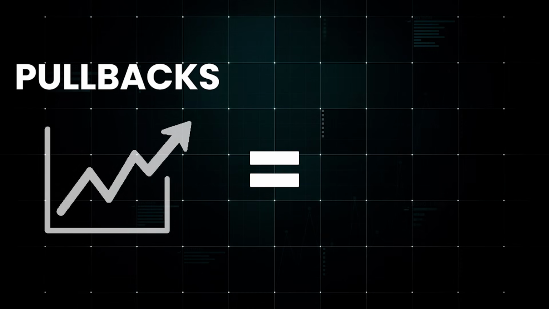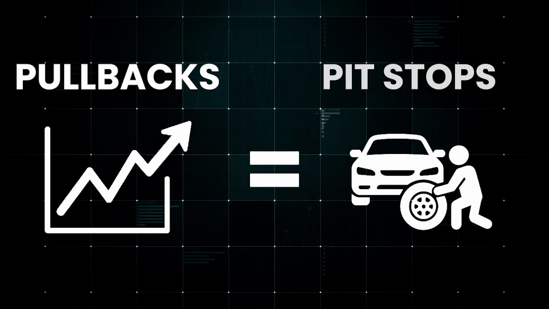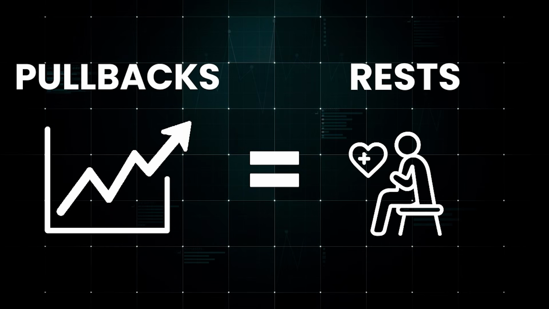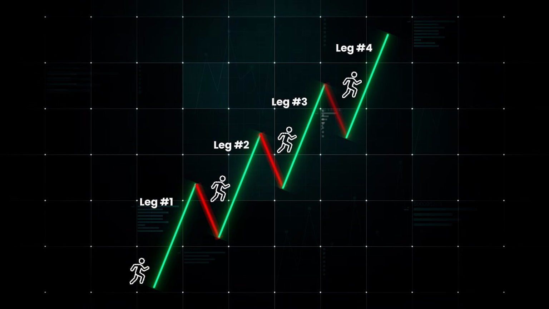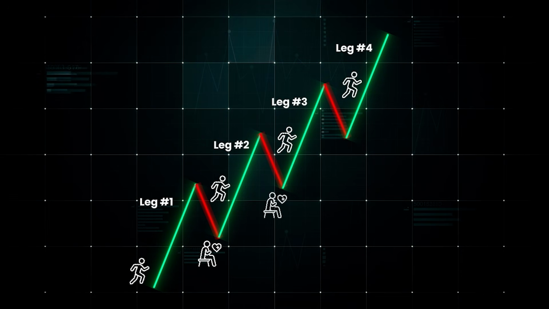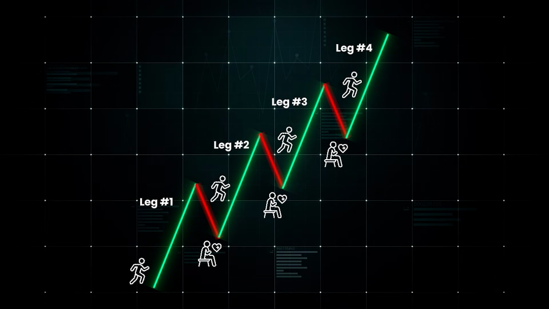What you must understand is that pullbacks are just pit stops. They are rests. Your athlete can't run without having some type of rest between races. Each leg is a race. And so it pulls back to rest, to get rejuvenated, refreshed.